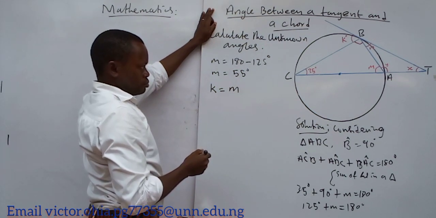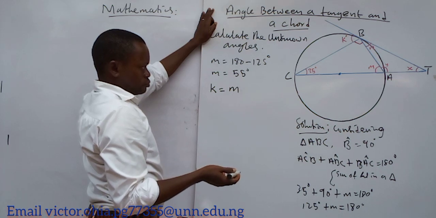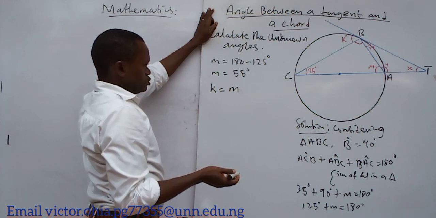That K is equal to M. Why should I say so?